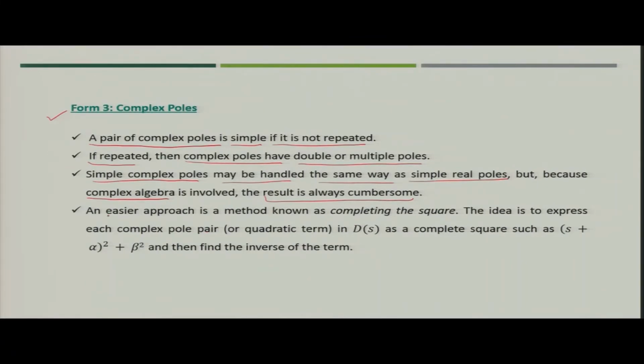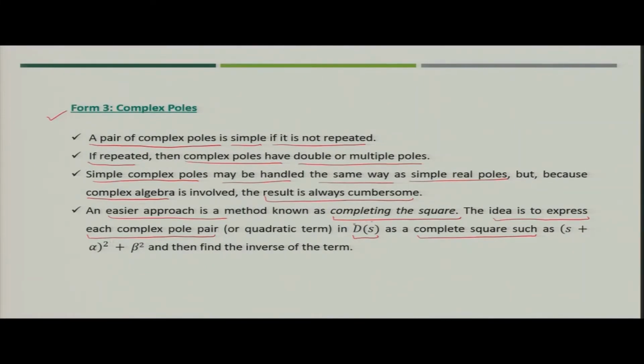The approach is the method which is known as completing the square. Now, what does it mean? The idea is to express each complex pole pair in the denominator as a complete square such as s plus alpha square plus beta square.